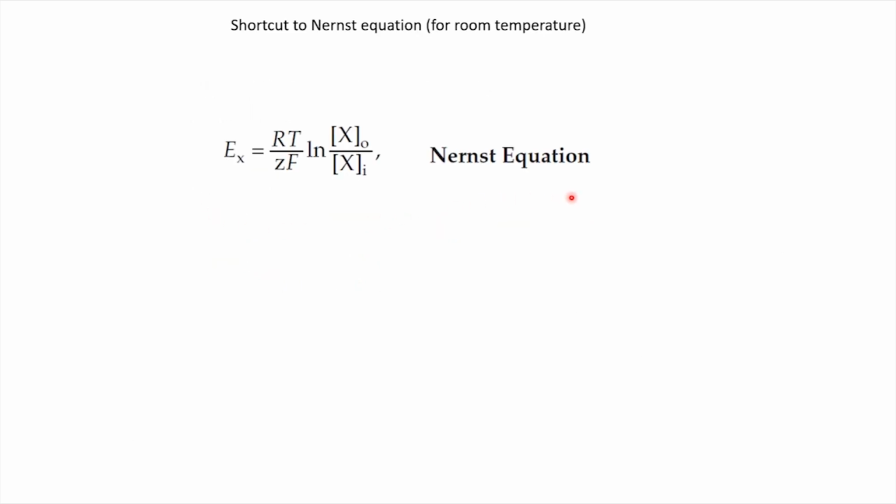So this is the Nernst equation again, and if we are applying it at room temperature, approximately 25 degrees Celsius or 298 kelvins, then we can plug in 298 here, and R and F are constants, and plugging those values in, this factor RT over F becomes 25 millivolts.